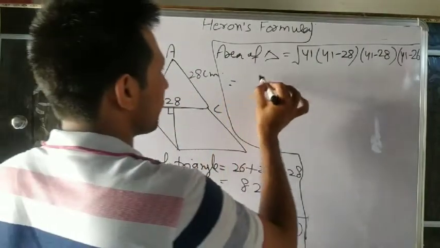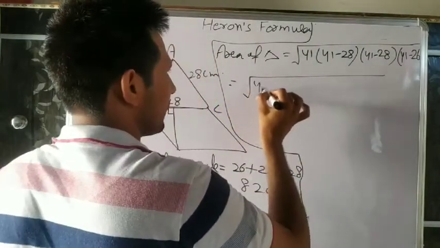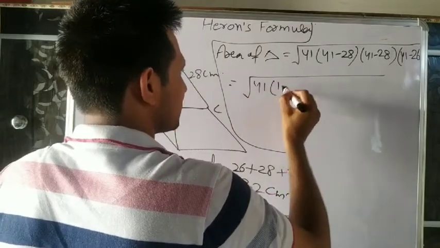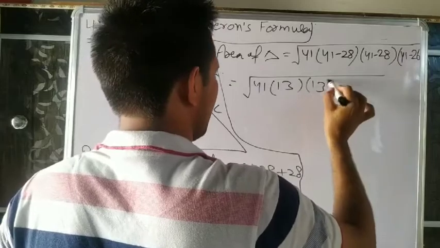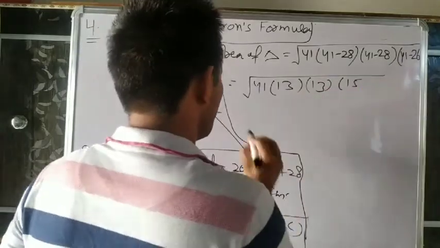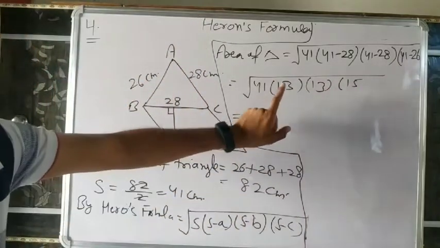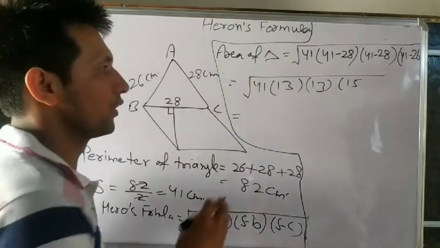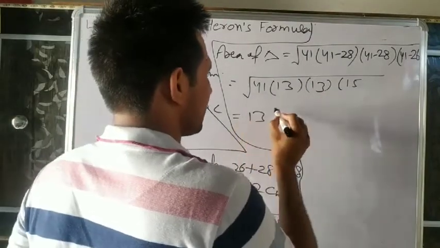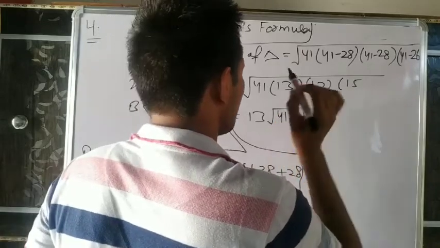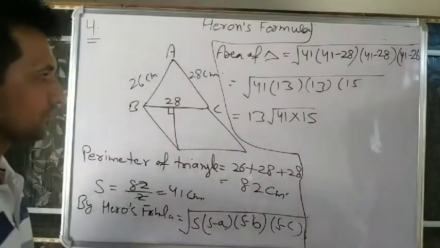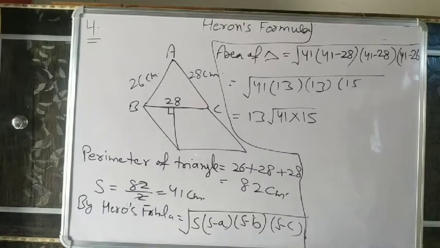Now the area of the triangle. 41 minus 28, 13, 13, and it is 15. Yes, the square root of 13 into 13, under the root 13, it remains 13. So what remains? 41 multiplication 15. Understand?